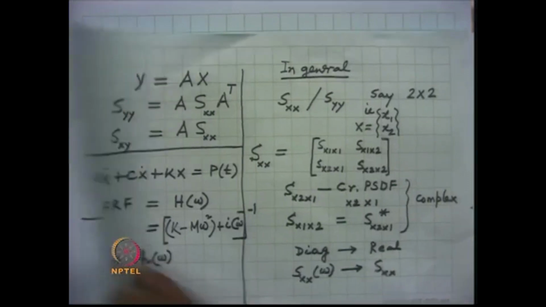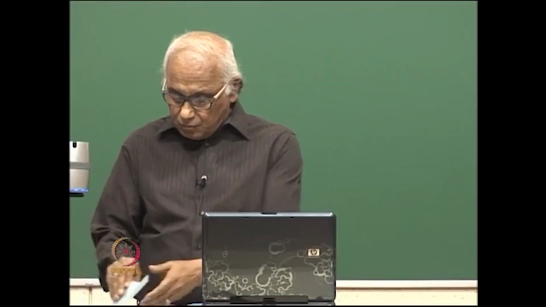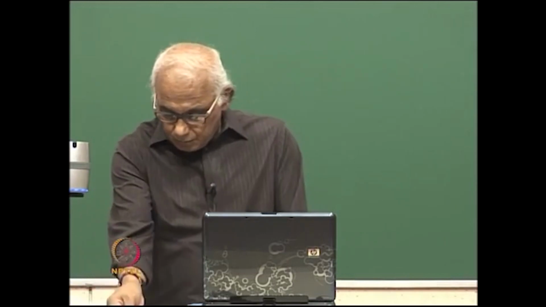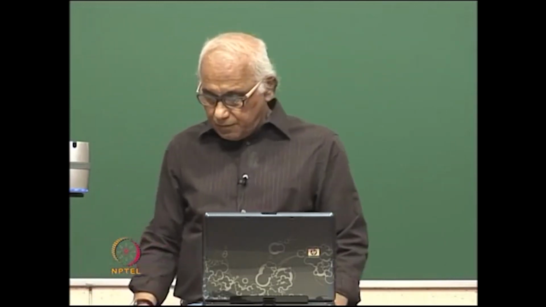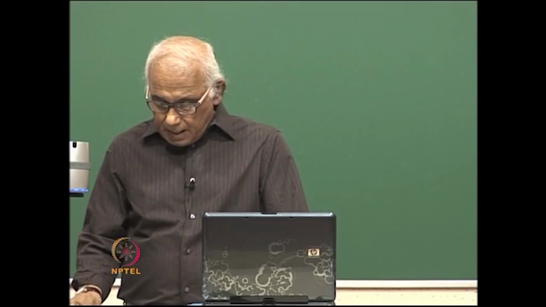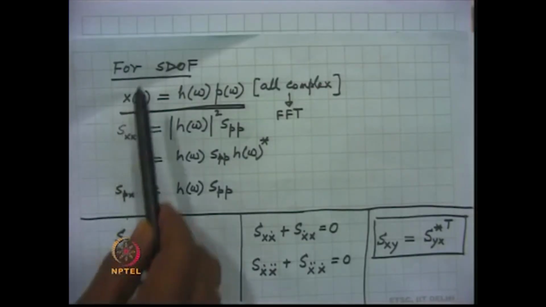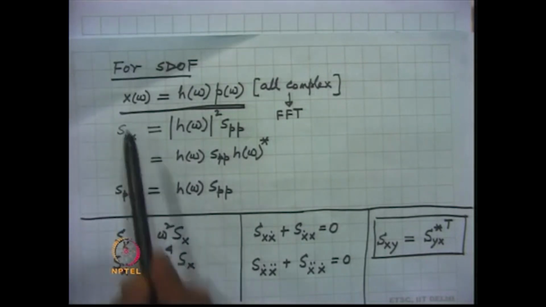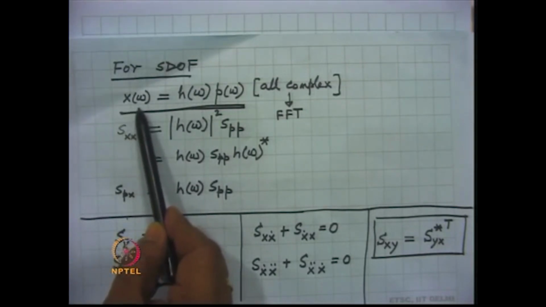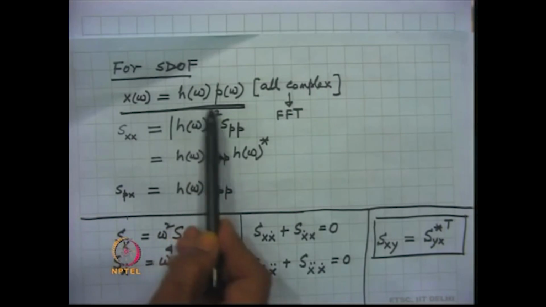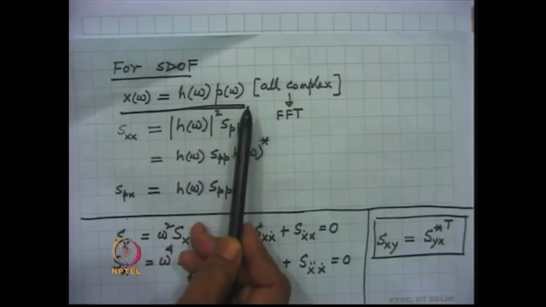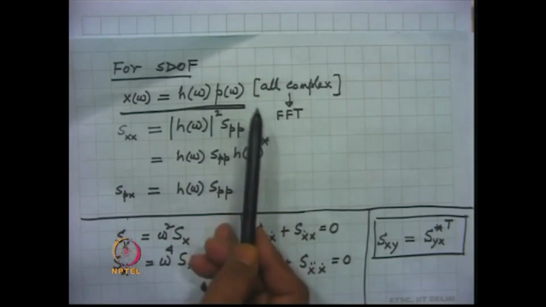Now, with the help of this, we would go into the multi-degree of freedom system, and in the previous lecture also we had shown that X(omega) is equal to H(omega) into P(omega), that they are all complex numbers.